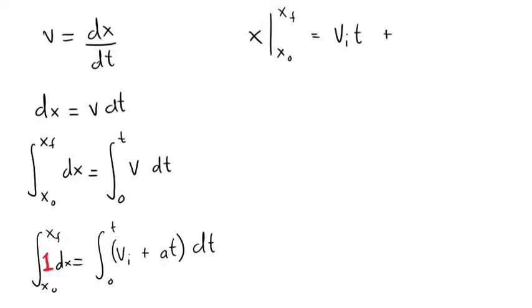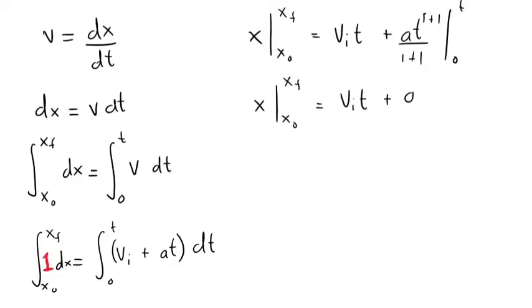Integrating at gives us at to the power 1 plus 1 divided by the same 1 plus 1, with limits from 0 to t. So this is as good as saying x initial to x final is equals to initial velocity.